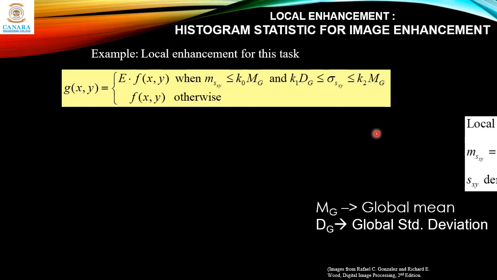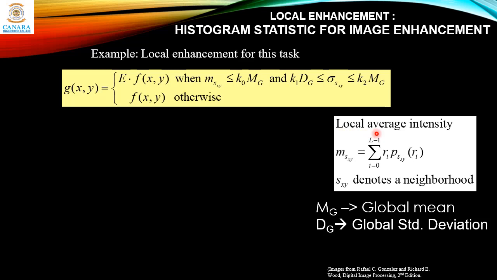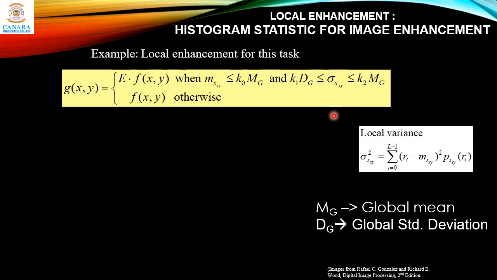In order to enhance the tungsten filament image, we can use this relationship. We consider the local average intensity m_S of xy. If it is less than or equal to K0 times mG, where mG is the global mean, and K1 times dG, where dG is the global standard deviation, is less than or equal to the local standard deviation sigma_S of xy, which is less than or equal to K2 times dG.